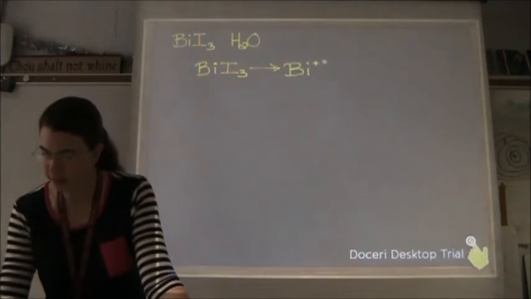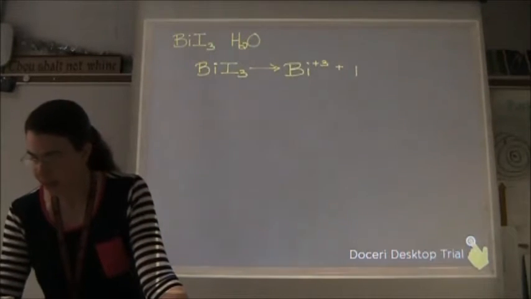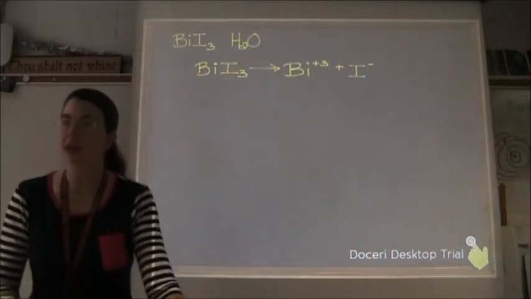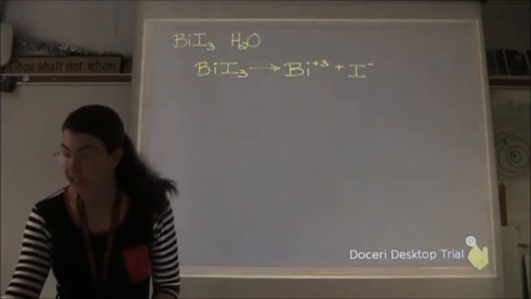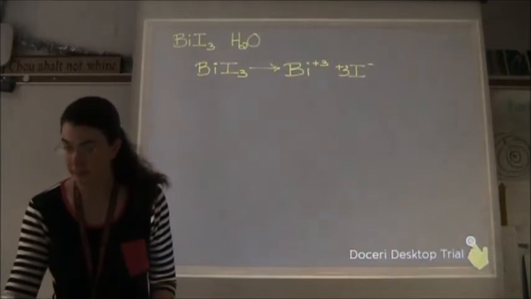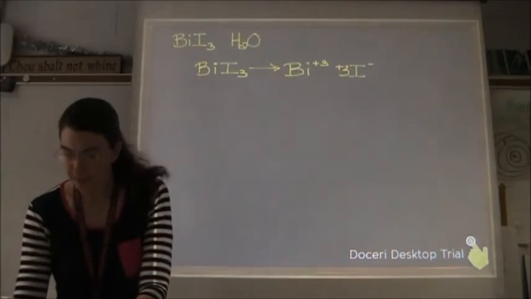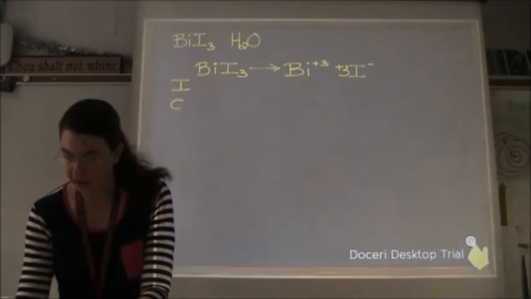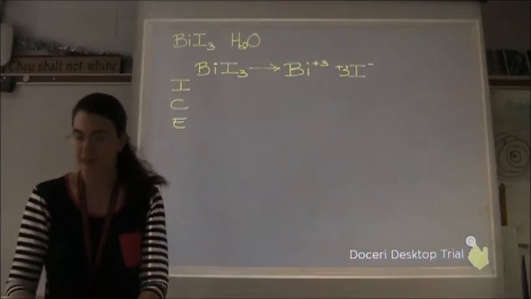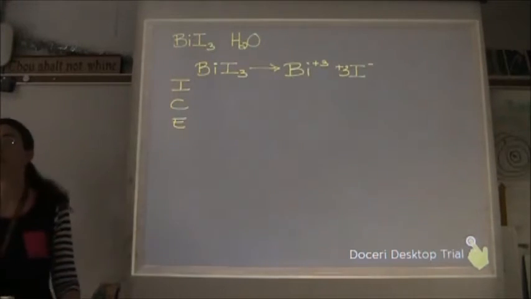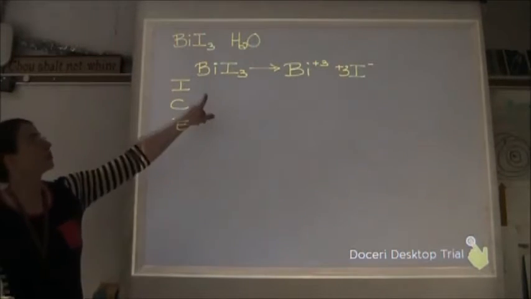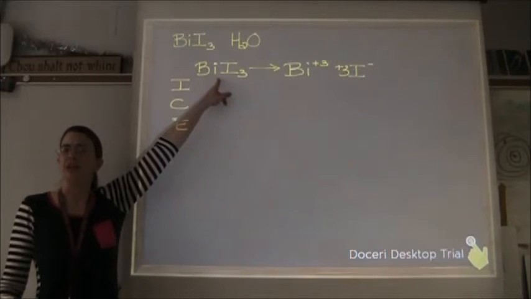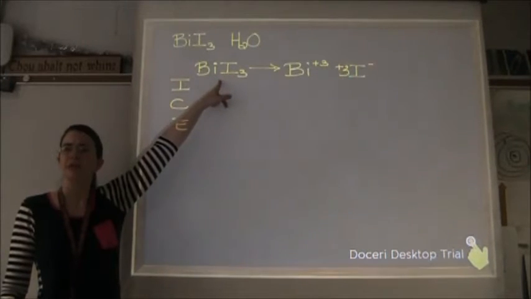Okay, very good. Iodide, of course, is -1. Is it balanced? No, and it needs to be. Oh, your favorite 3 letters. But actually, these are much simpler, quicker ICE tables. Do solids get included in equilibrium expressions? Nope.